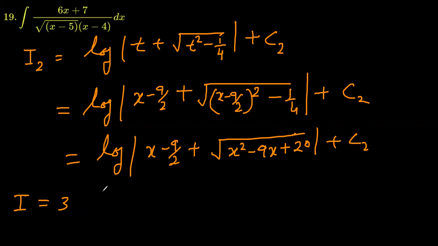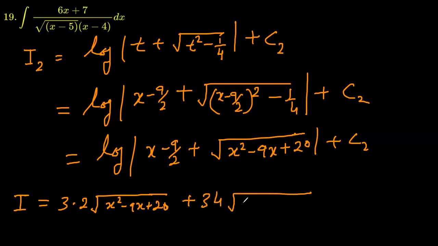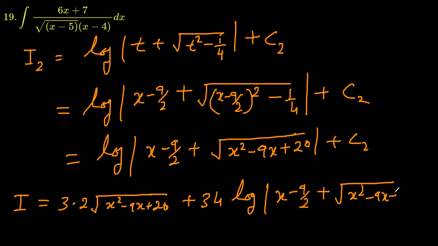Which is equal to 3 times the value of I1, which was 2 times the square root of x squared minus 9x plus 20, and plus 34 times log of x minus 9 by 2 plus the square root of x squared minus 9x plus 20, plus c.